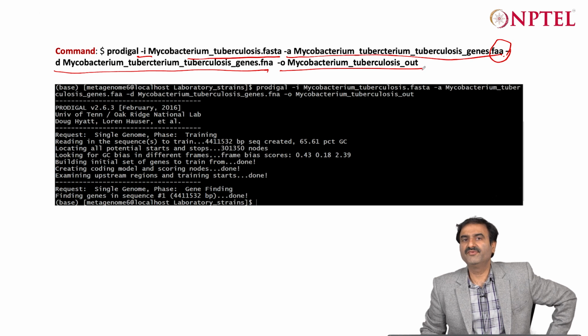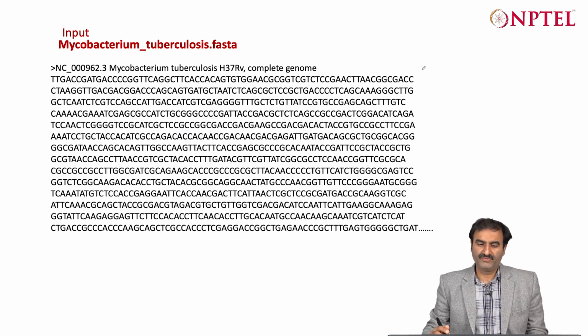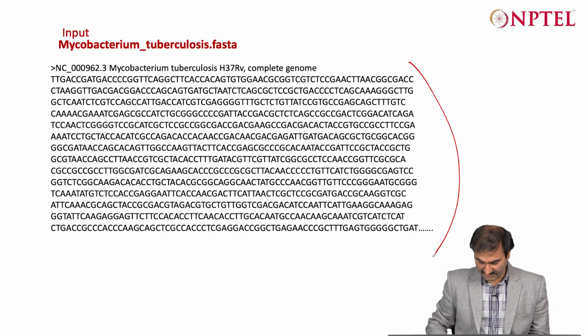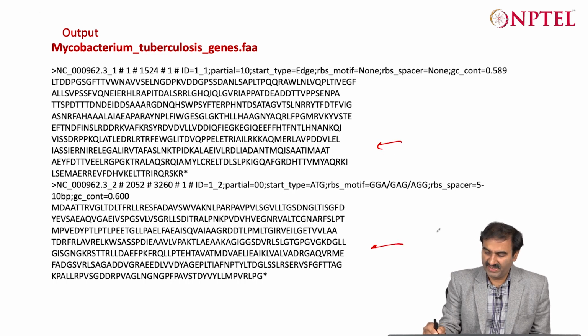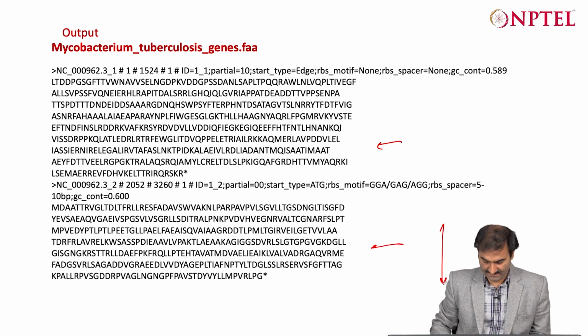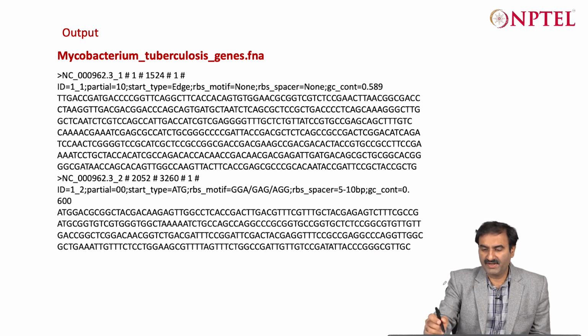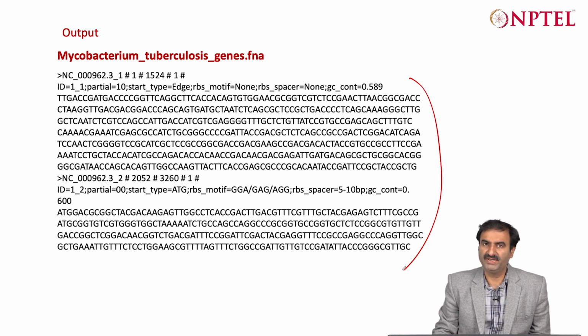And it is very fast, so very helpful for metagenomics and if you are dealing with a lot of genomes, right? So this, for example, was the input file for Mycobacterium, and it gave the amino acid files. So there is a list of amino acids like this, and the genes that it predicted from the genome, okay, in the nucleotide format.